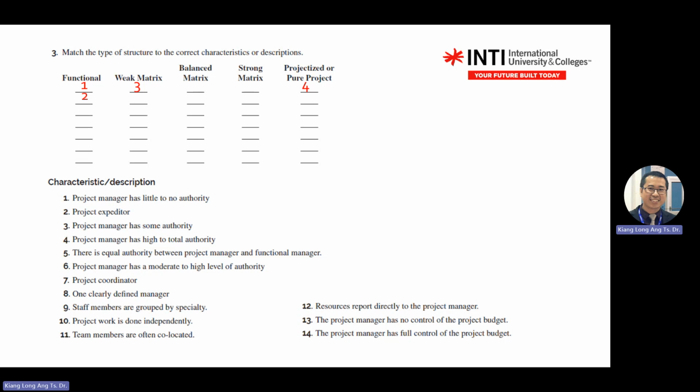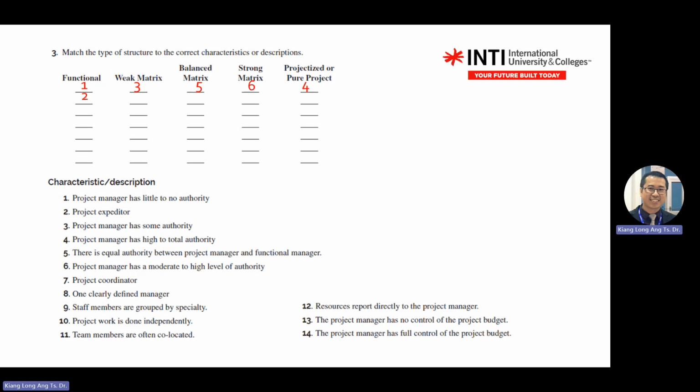High to medium. Here is medium to some. This one is some. You are playing with the level of the words. Okay, number 5, there is an equal authority, equal balance. Then number 6, project manager has a moderate to high level. Moderate to high, so strong.